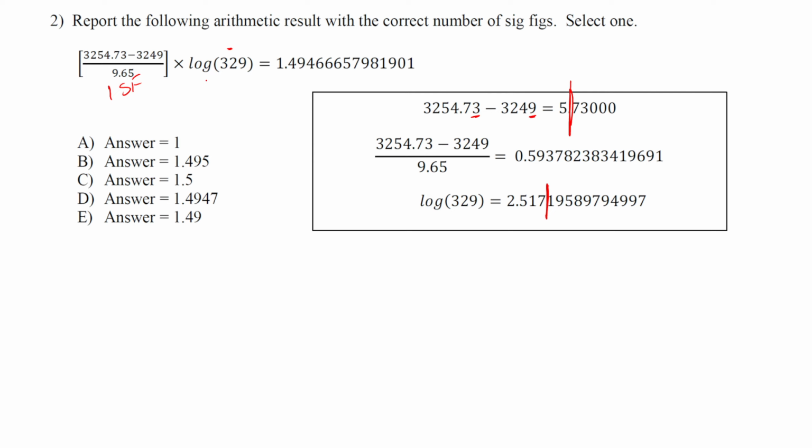So this actually has 3 sig figs, but it has 4 digits. So either way, when we multiply 1 times 3 sig figs, we can only keep 1 sig fig. So the answer is A.